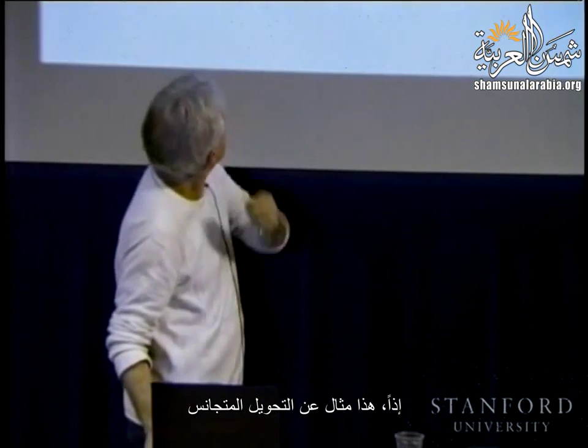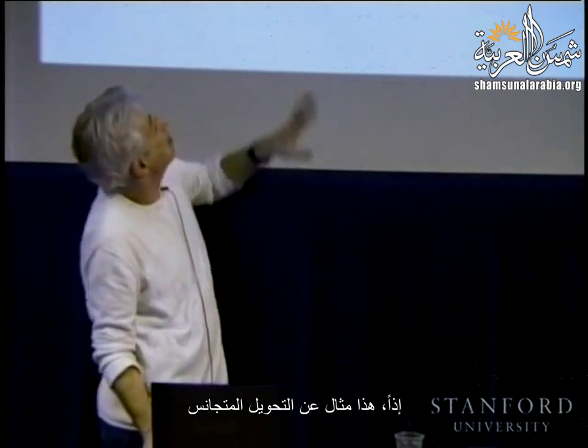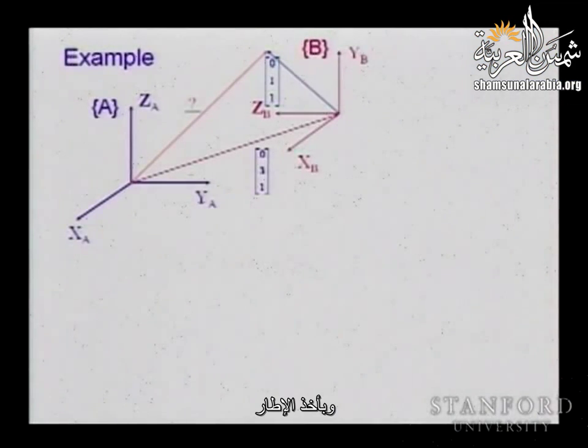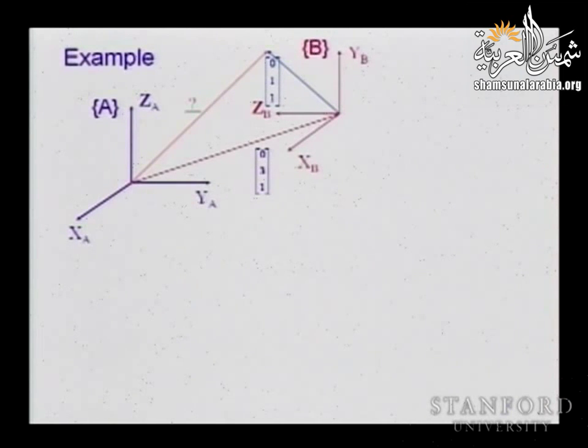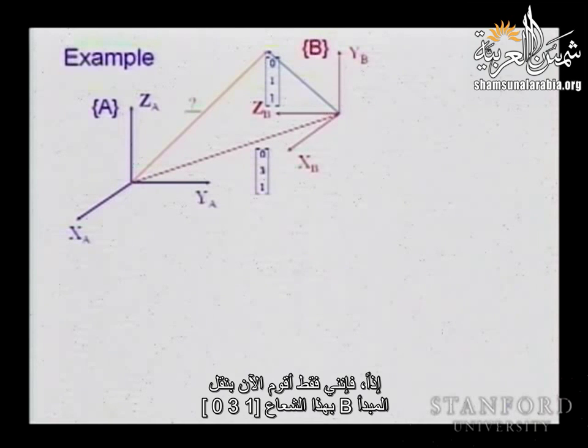So here is an example of the homogeneous transformation. Now we have 2 vectors. I'm taking the frame, you remember the example we saw earlier, where we had a rotation matrix rotating about the x-axis. So I'm just translating now the origin of B with this vector 0, 3, 1.